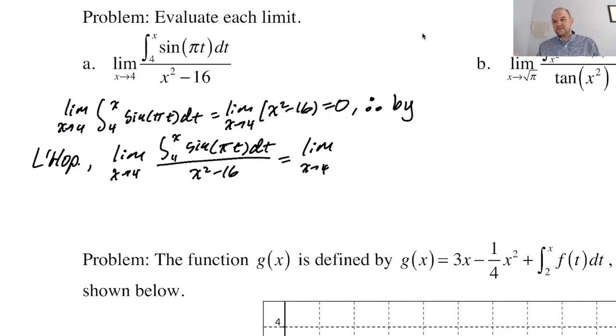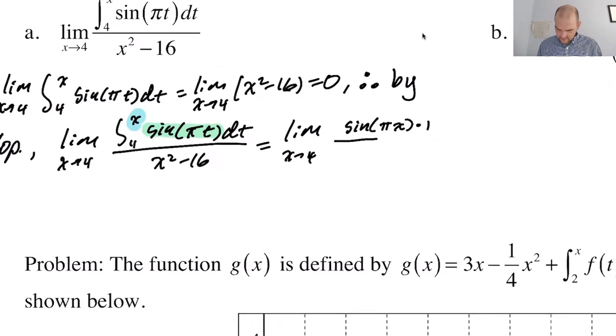The derivative of the top is the derivative of an accumulation function. So it's going to be the integrand with the upper bound subbed in, so sine of pi x, and then times the derivative of the upper bound, which is just 1, which I always write just to be on the safe side. And then over the derivative of the bottom, which is 2x.